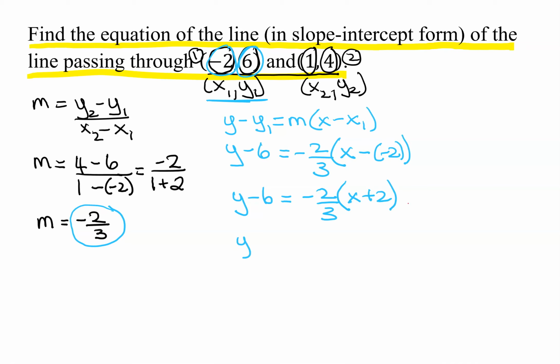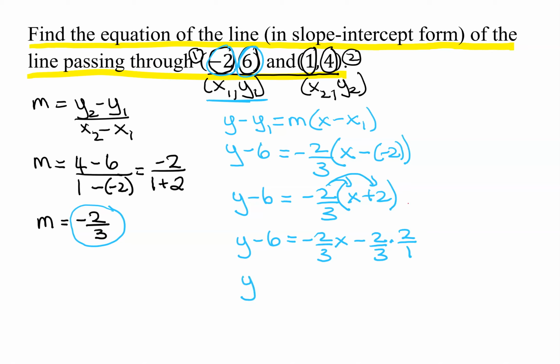So I'm going to get y minus 6 equals, distributing the negative 2/3, negative 2/3 x minus 2/3 times 2, and I'm going to turn that 2 into a fraction and write it over 1.